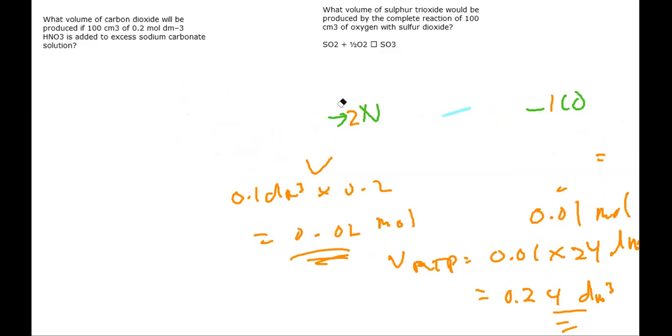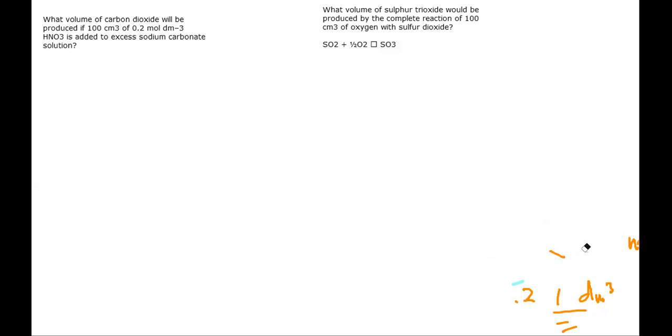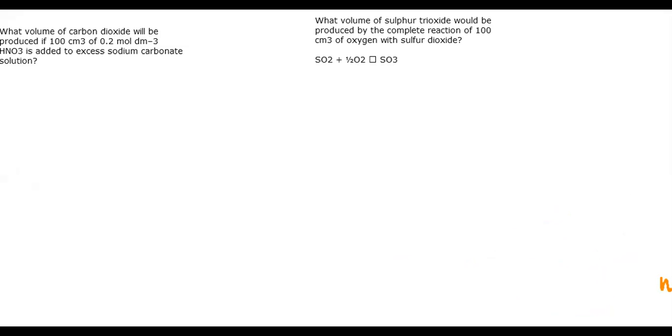And lastly, I have a problem here for the formation of sulfur trioxide from sulfur dioxide and oxygen. What volume of sulfur trioxide will be produced by complete reaction of 100 cm³ of oxygen with sulfur dioxide?